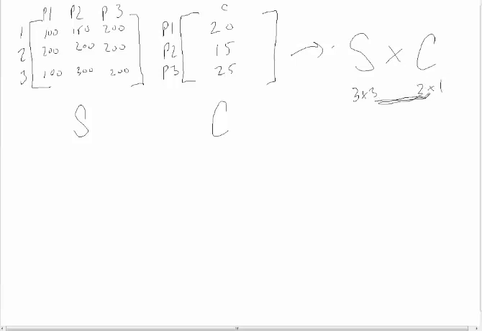This tells us, since the number of columns in S is the same as the number of rows in C, that our product will be a 3 by 1, so 3 rows, 1 column.